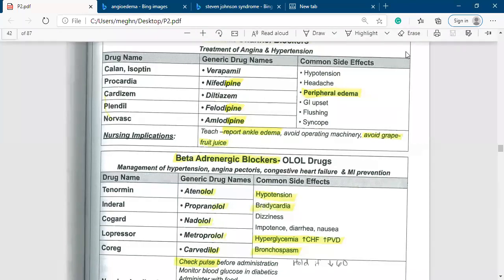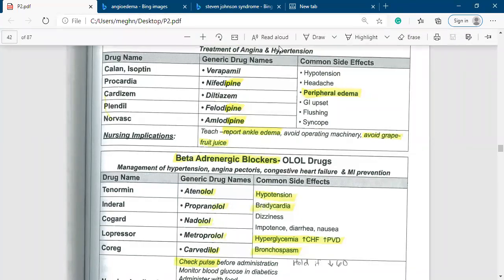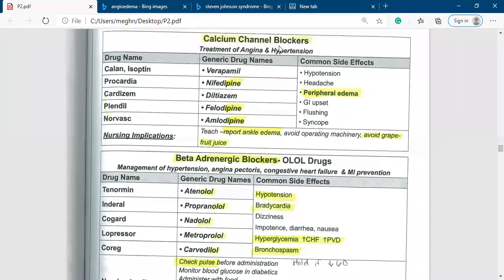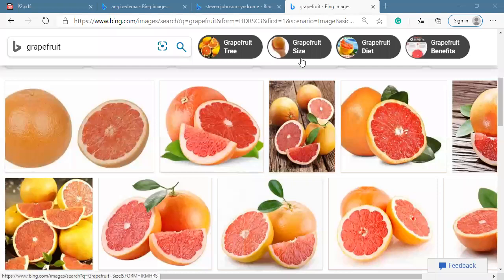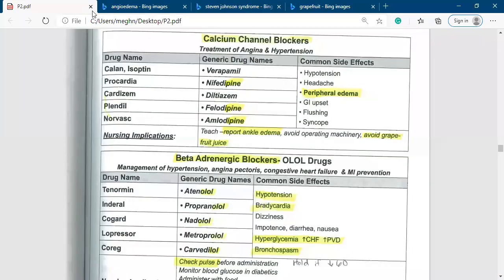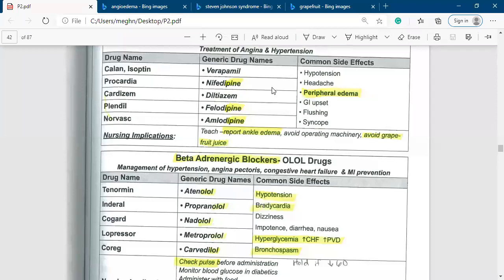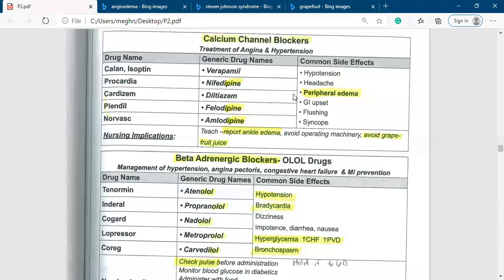And here I can show you a picture. In case of calcium channel blocker, as I told you, one contraindication is that we have to hold it if the heart rate is less than 60.